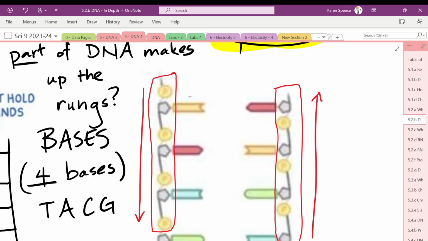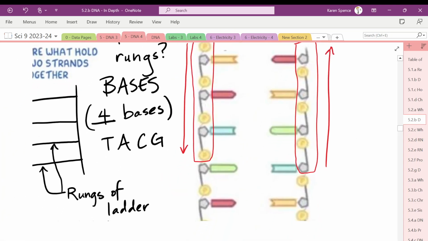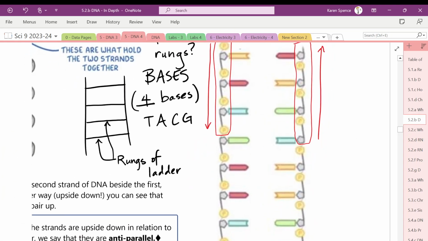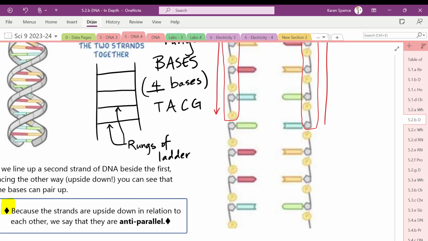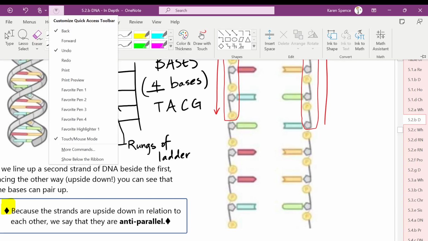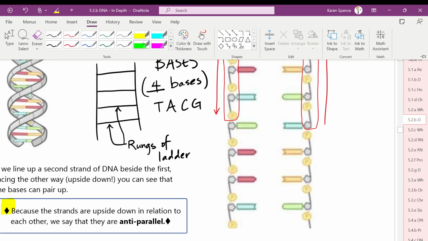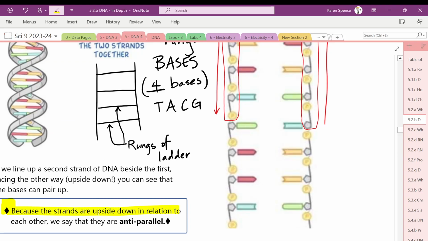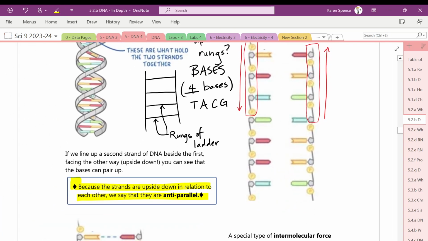Show me parallel. Show me anti-parallel. It's a little bit tricky. So the fact that one of the strands is upside down in relation to the other means you could say that those are anti-parallel. However, that is not a required word, so you don't have to know it. Okay?